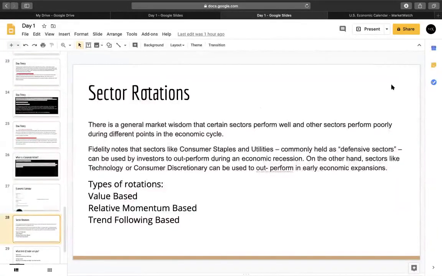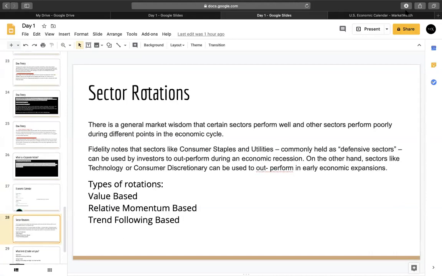Sector rotations. Okay. There is a general market wisdom that certain sectors perform well and other sectors perform poorly during different points in the economic cycle.